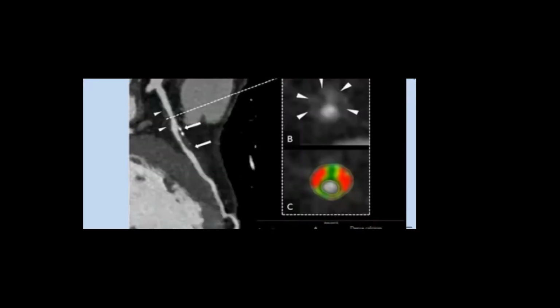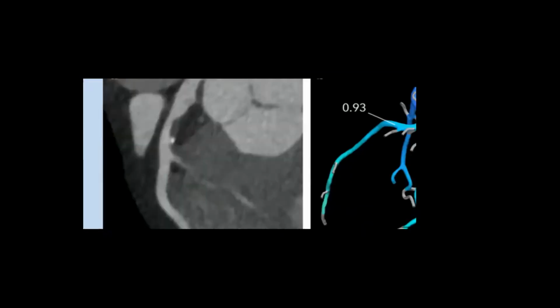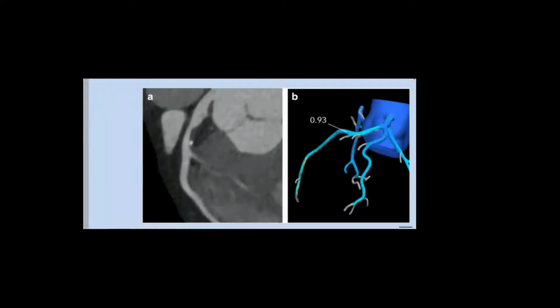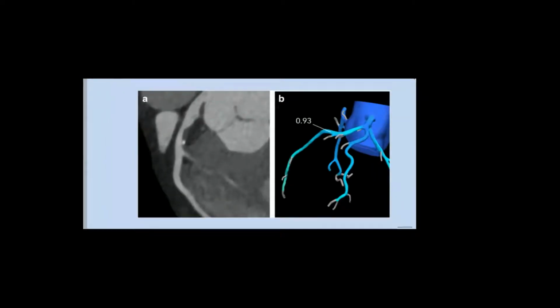Now let's go further. This is again an RCA lesion, and you see the atheroma. Do you see the atheroma? Yes, it's here, with spotty calcification.